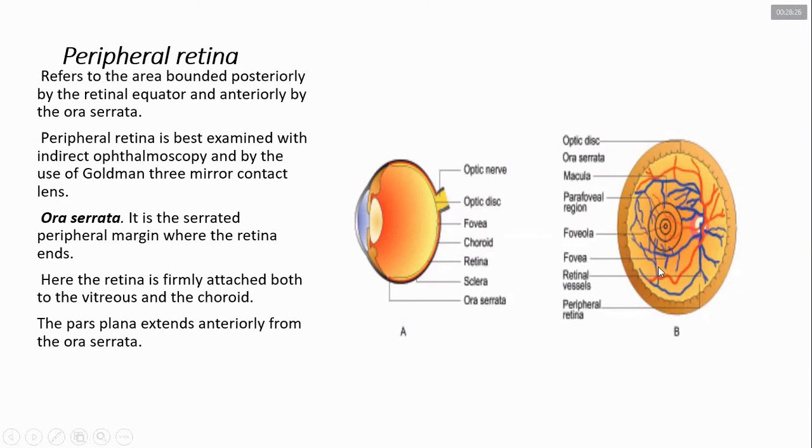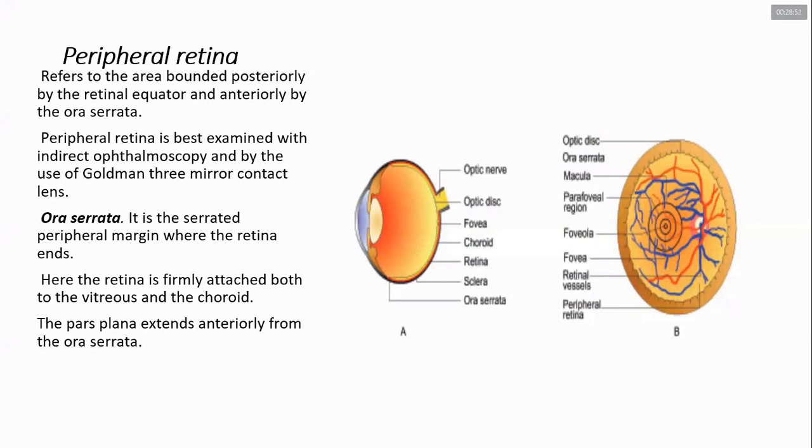The peripheral retina is best examined with the indirect ophthalmoscope and by the Goldmann 3-mirror contact lens. With the 3-mirror contact lens, along with a 90 diopter lens, we can see it, or with the indirect ophthalmoscope, which is also in our OPD. If you like to see, you can see later on.